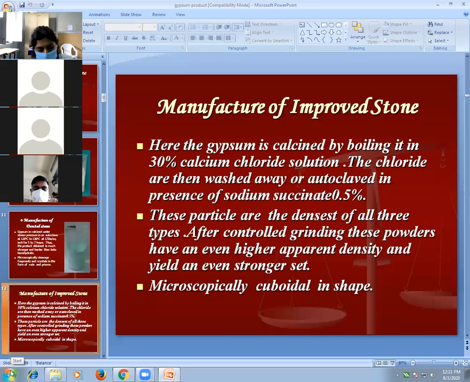So the highest porosity is seen with dental plaster, then dental stone, and then improved stone or die stone. Density is increased in the case of improved stone. Microscopically these particles are cuboidal in shape.